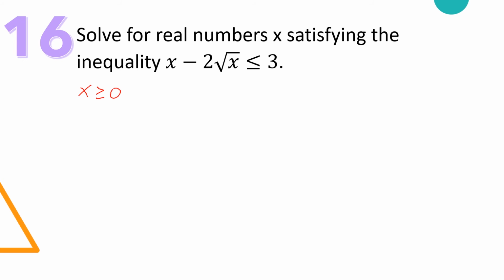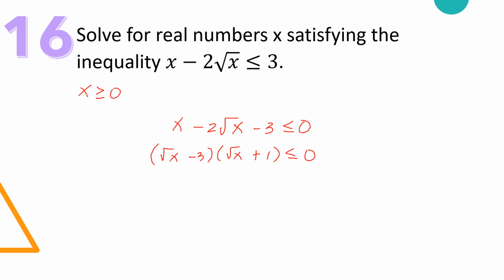Subtracting 3 from both sides of the given inequality, we have x minus 2 square root of x minus 3 is less than or equal to 0. You can factor this trinomial as the quantity square root of x minus 3 times the quantity square root of x plus 1 less than or equal to 0.